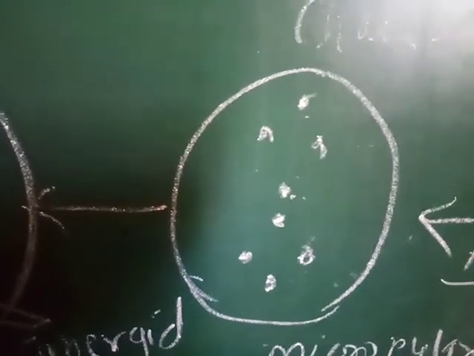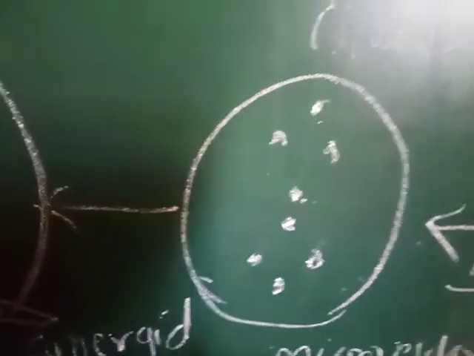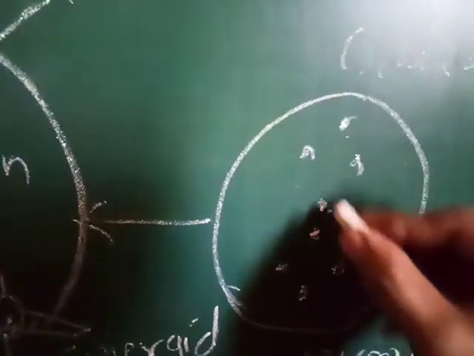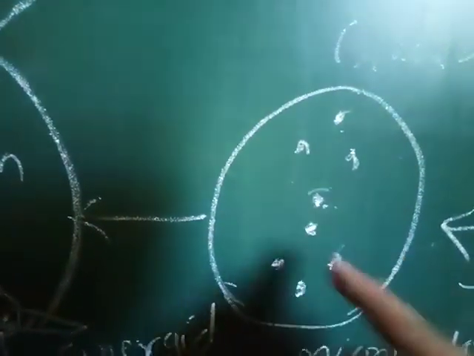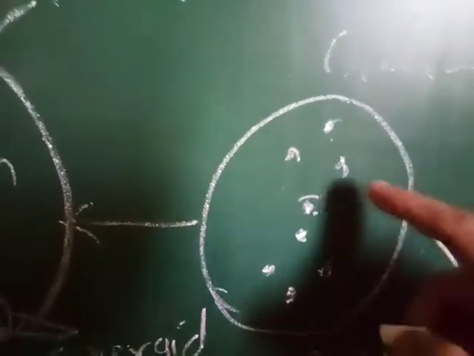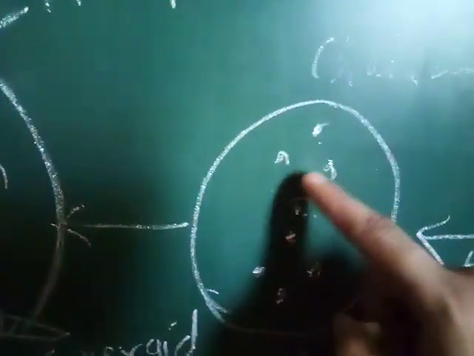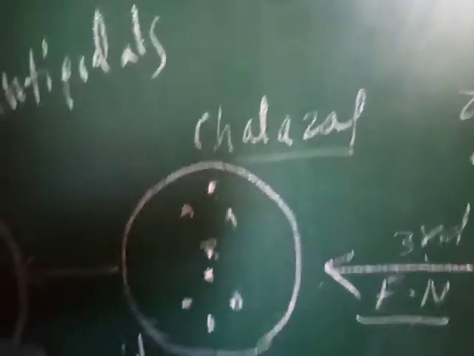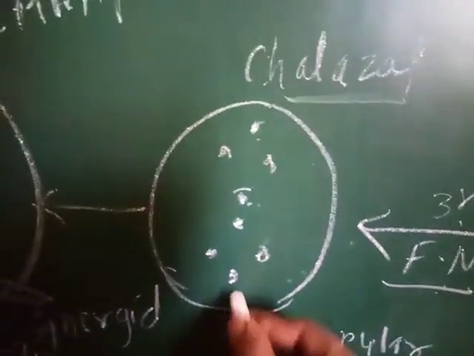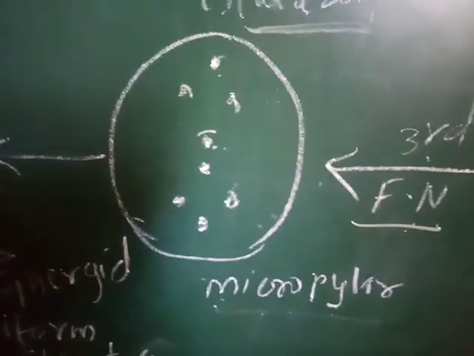Out of these 8 nuclei, 2 nuclei come to the center, and the remaining 6 move in opposite directions. These 3 nuclei move toward the chalazal end, while these 3 nuclei move toward the micropylar end.